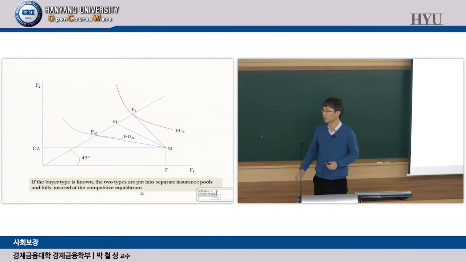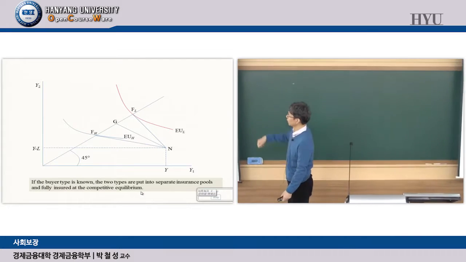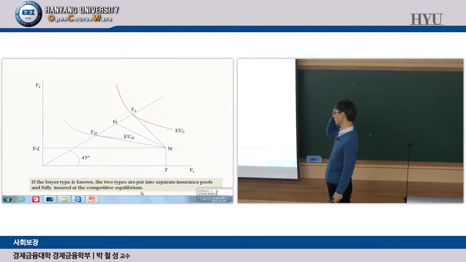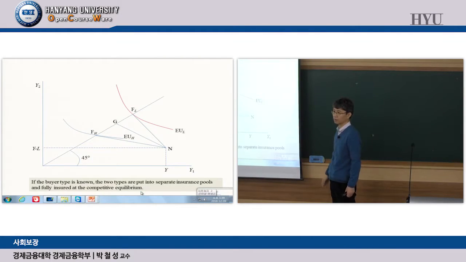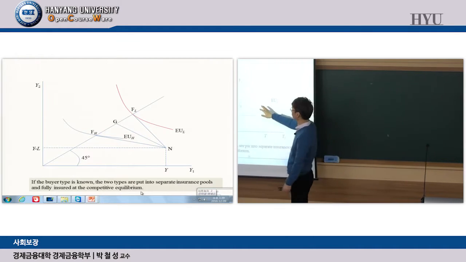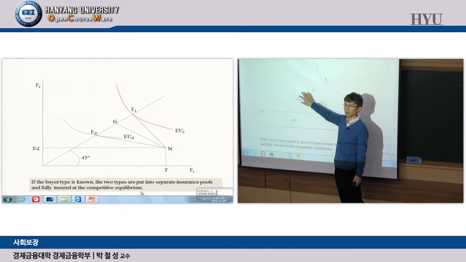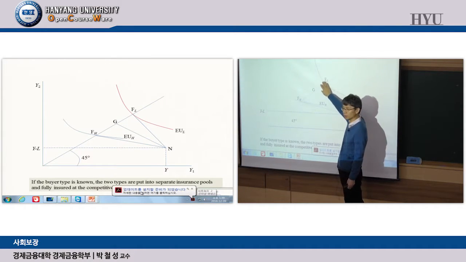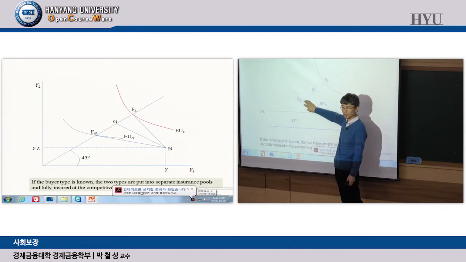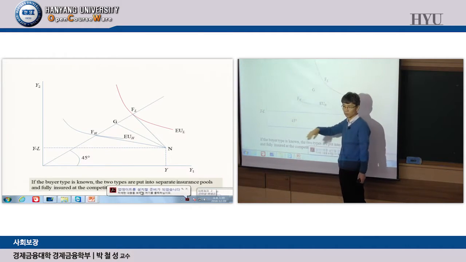So if there is no problem knowing who's high risk and who's low risk, each type will be fully insured in each of their markets. This is the low risk person's market, this is the high risk person's market, and each person will be fully insured.